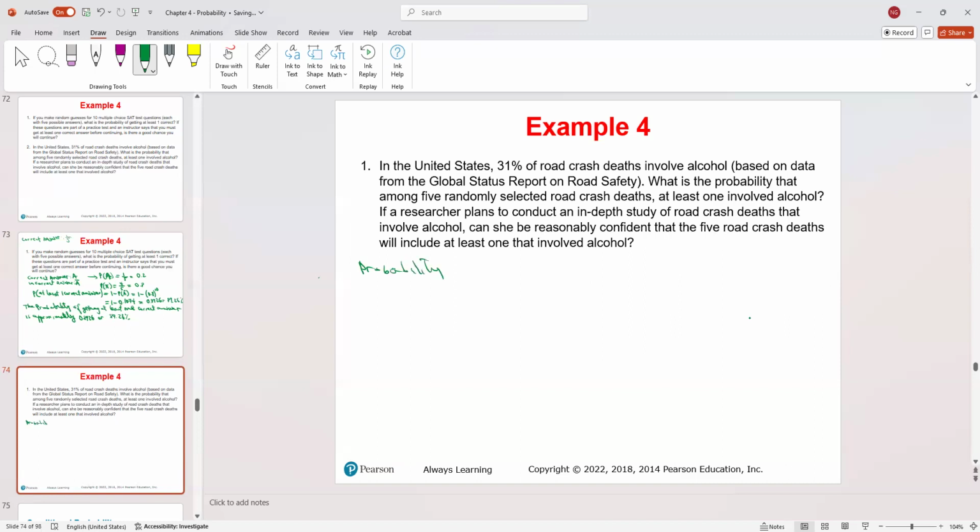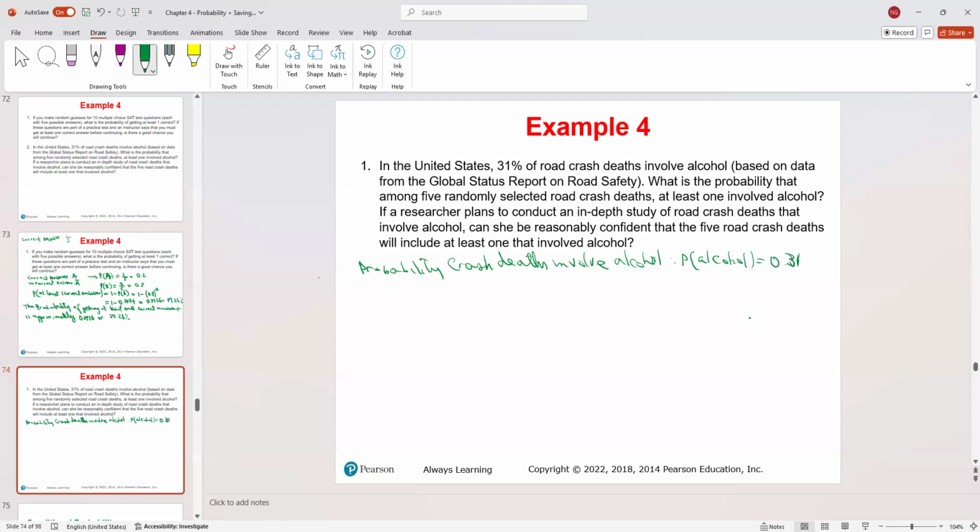Let's say the probability of alcohol is 31%, so 0.31.